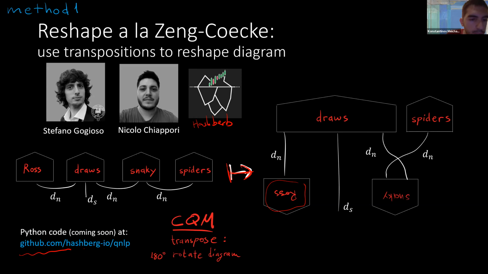So you will soon be able to find code on how you can parse and also reshape these sentences into bipartite graphs that are as thin as possible. Thin as in, if this is the width of the sentence, this is what they're trying to minimize by introducing these swaps and turning some states to effects.